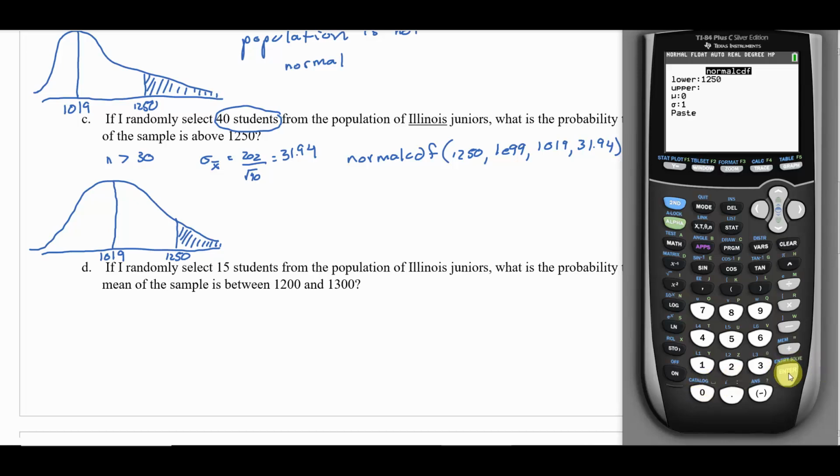And we're going to go here to the upper, which is 1E99. And then its mean is 1019. And the standard deviation is 31.94. And paste. And you'll see this is exactly what we wrote down on our paper here.